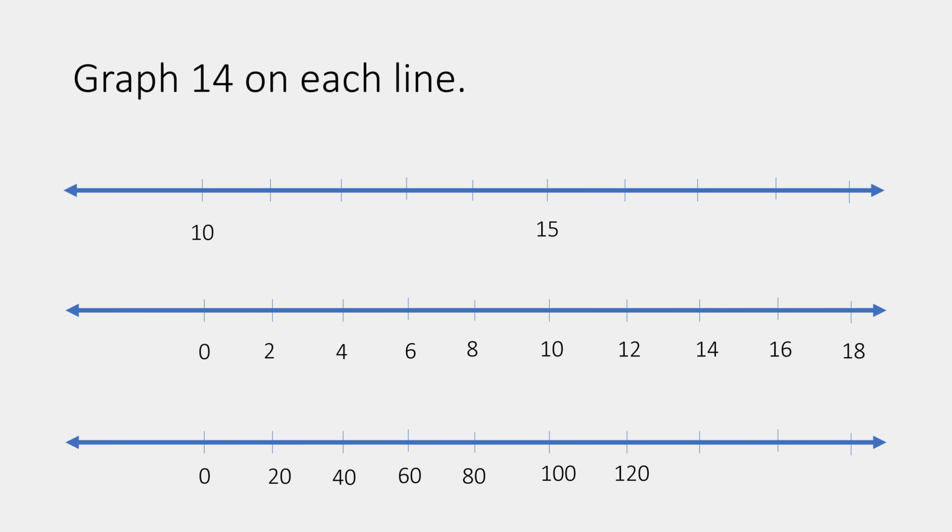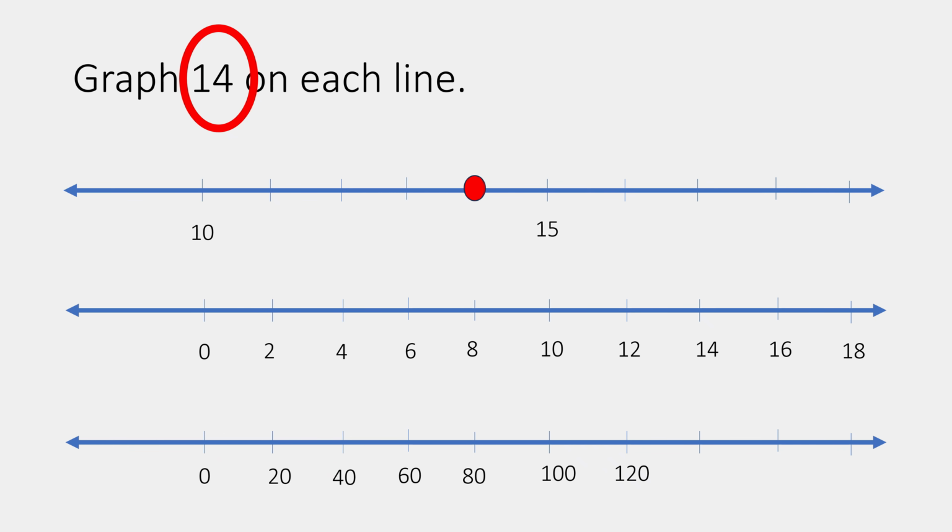The labeling of a number line also depends on the size and range of the numbers used. For this example, we have to graph the number 14 on all 3 lines. The first line is very easy. We have the number 10, and each tick mark or segment or unit represents 1, so 14 will be right up here.